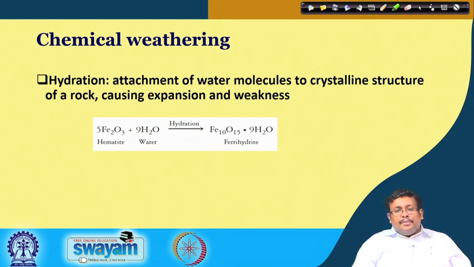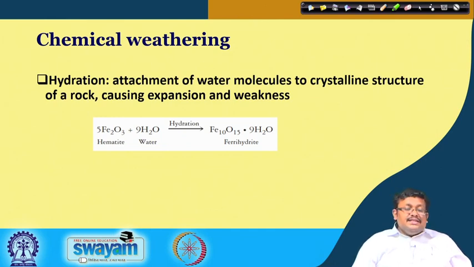It is an important process of rock breakdown as well as change in chemical composition, as you can see from this chemical reaction, where hematite, an important iron-bearing mineral, reacts with water, and as a result, due to hydration, it creates ferrihydrite, which is a completely new mineral.